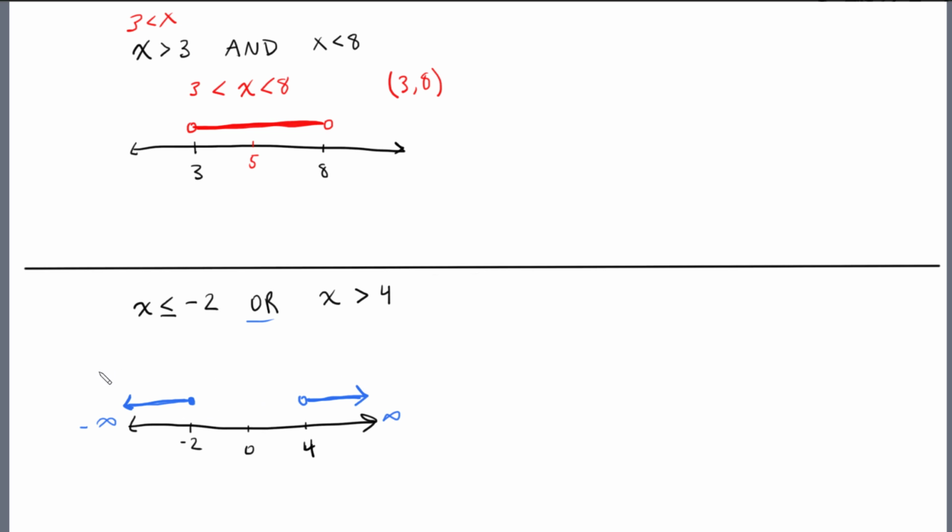To write this in interval notation, we're going to have two separate intervals. We'll have one for the left side of the graph and one for the right side. So on the left side, we're starting at -infinity, which we can't exactly touch, so we're going to use parentheses, and we're going up to -2, which we can touch because it's a closed dot.